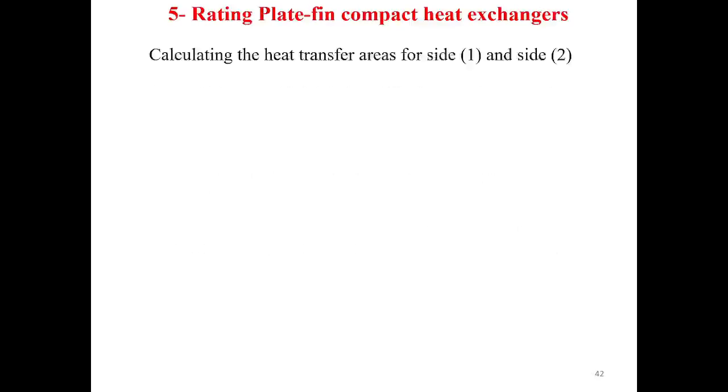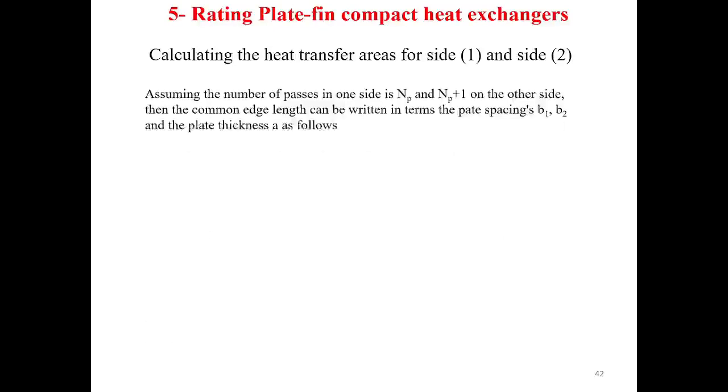In order to do some calculations for rating or sizing flat fin compact heat exchangers, you need to know the heat transfer area for both side 1 and side 2. We are going to assume that the number of plates for side 1 is Np and for side 2 is Np plus 1.